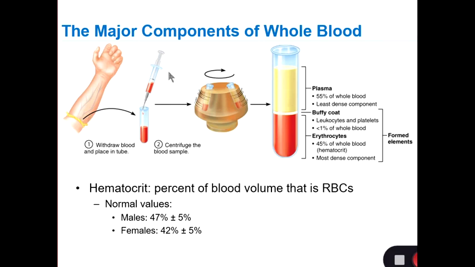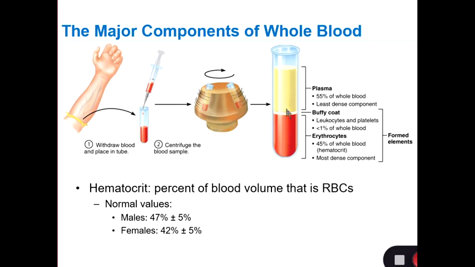You can see here that blood has been withdrawn from a person, placed in a tube, centrifuged at very high speed, so now the components of blood will separate according to mass. And you can see that more than half of your blood content is blood plasma, which we'll see on the next slide is mainly water, but a lot of proteins in there as well.